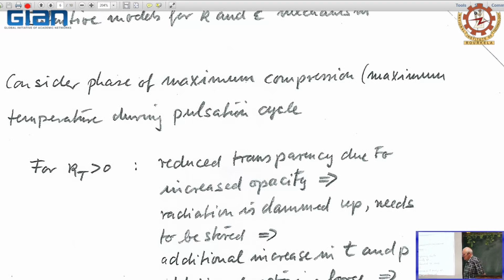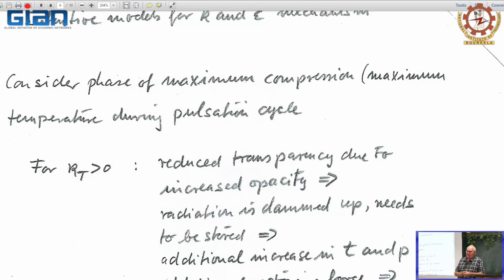Well, what happens in the state of maximum? We have a star which pulsates. We have compression and decompression of the star. So in the case of a radial pulsation, the star changes its volume and therefore it has a point of maximum compression. This means the highest density corresponds to maximum compression. And since it's an adiabatic pulsation, then also the pressure will have a maximum. What about the temperature?